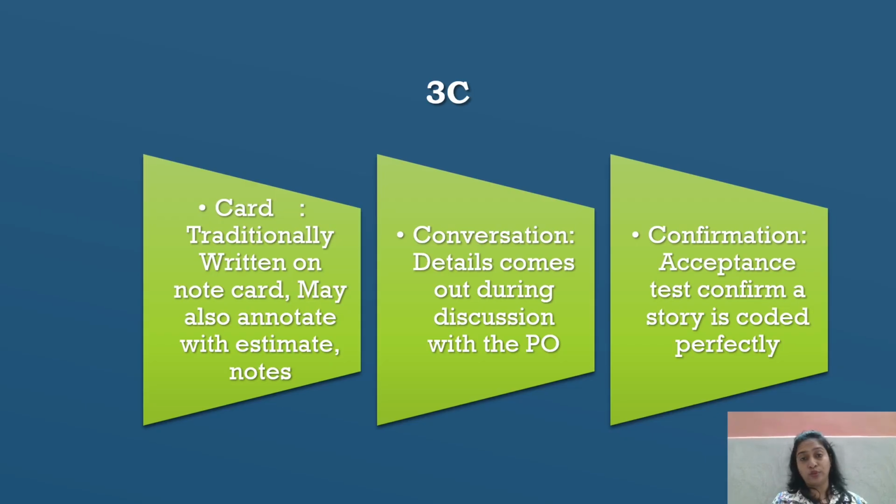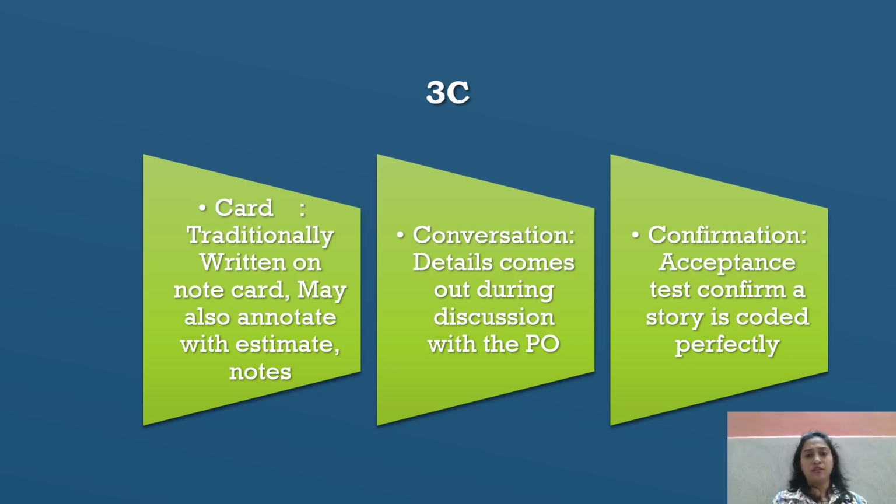With the estimated notes, right? Then the conversation means the details come out during the discussions with the product owner, and the third one is the confirmation, which means the acceptance criteria. The test confirms whether the story is coded perfectly or not. Okay, so this is the acceptance criteria. So the three C's are card, conversation, and confirmation.